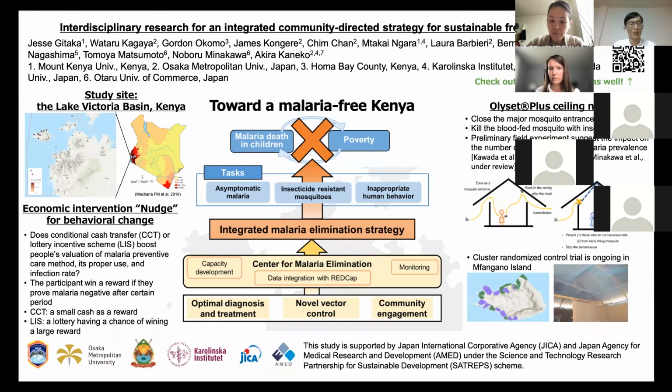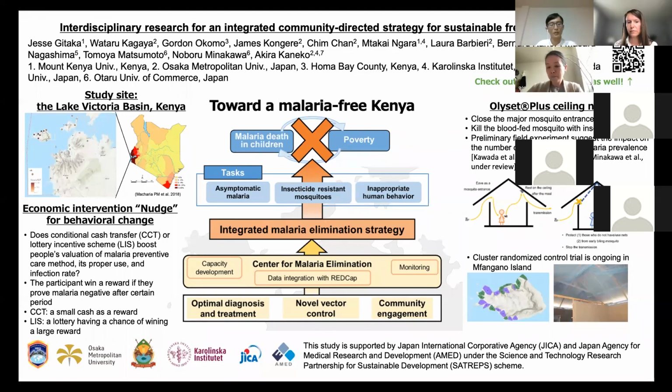So we want to see the situation in the case of malaria, and the purpose is not only to implement this as a policy, but also to bring people to a different situation. By guiding them after finishing this intervention, they are more motivated to maintain that situation. That is another concept of this study.